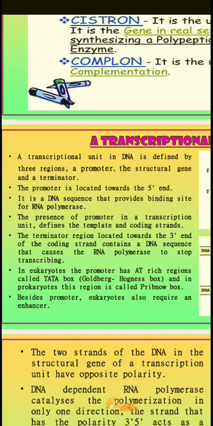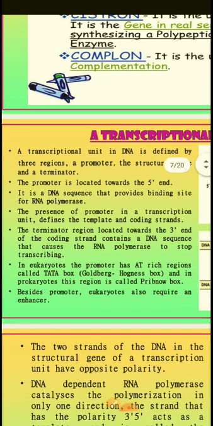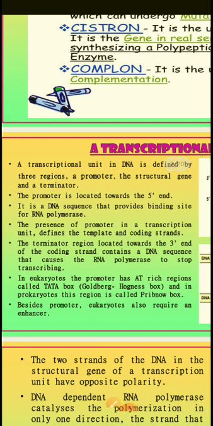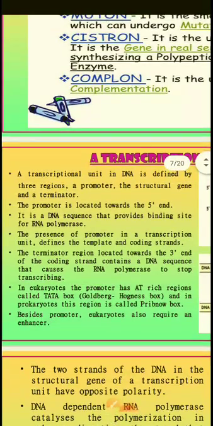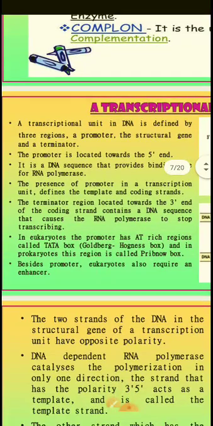That is the TATA box, otherwise called the Hogness box and Goldberg-Hogness box; this is a scientist's name, since he noted this TATA box, they gave his name. The prokaryotic counterpart is called the Pribnow box. Besides the promoter, eukaryotes also require an enhancer.